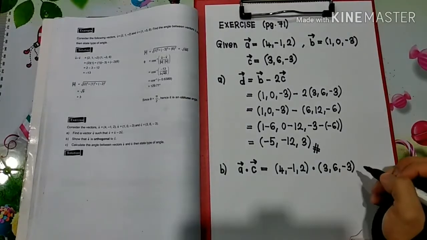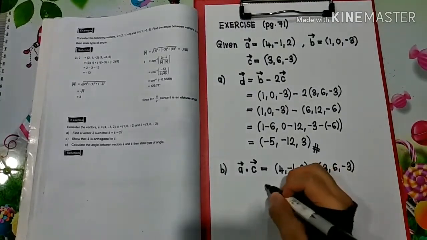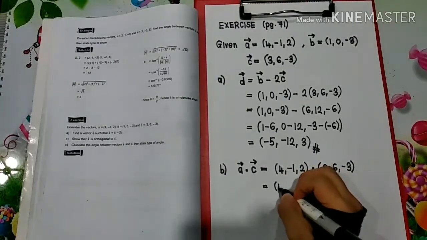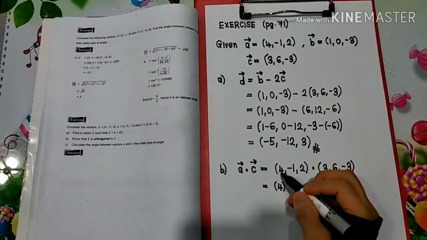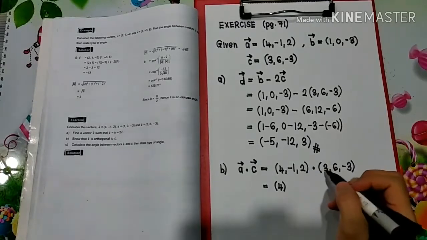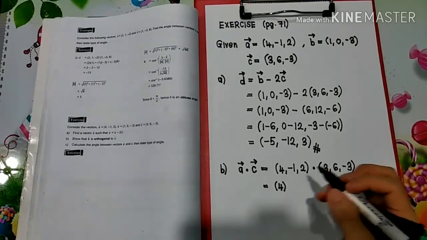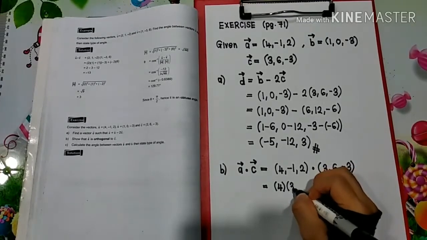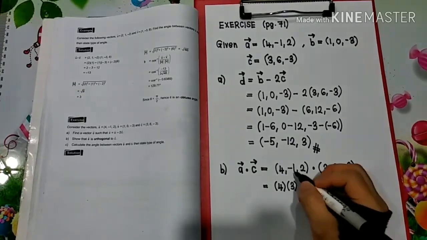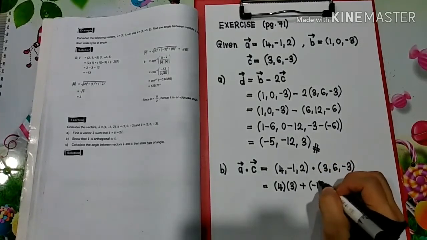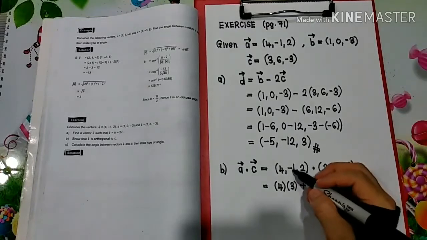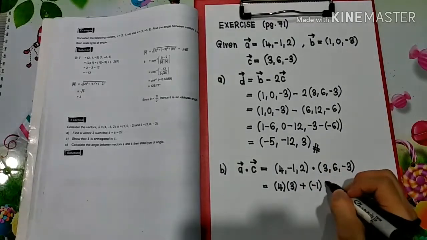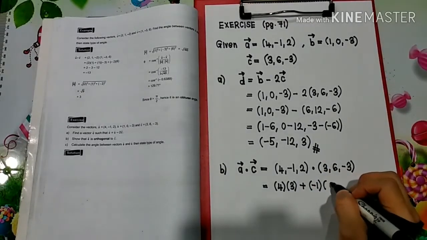Remember how to find the dot product. 4 here, the first element in the first vector, you multiply with the first element in the second vector. So 4 multiplied with 3, and then you plus the second element in the first vector multiplied with the second element in the second vector.